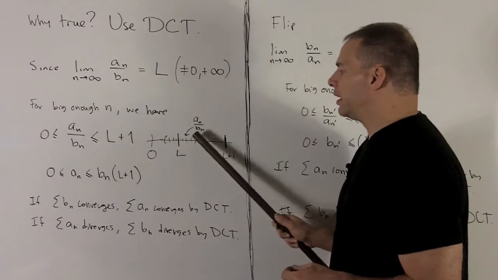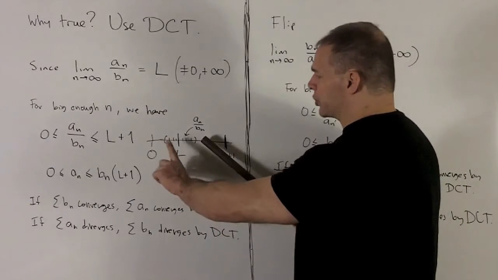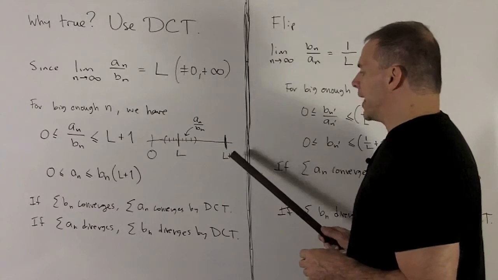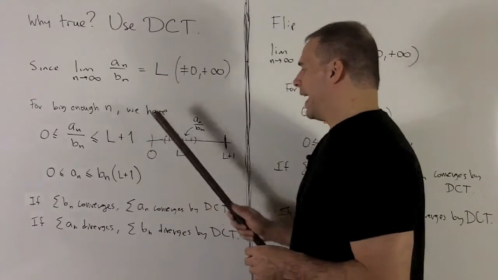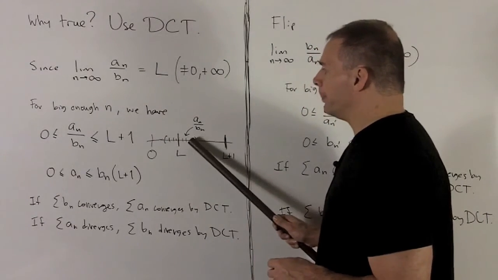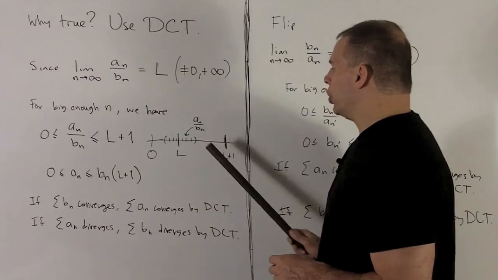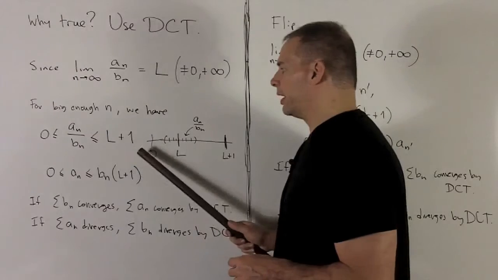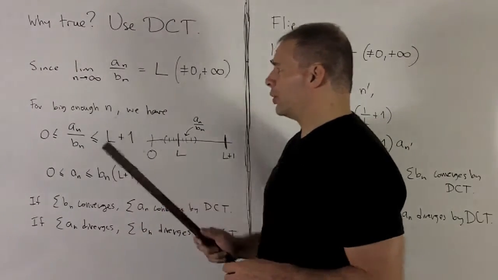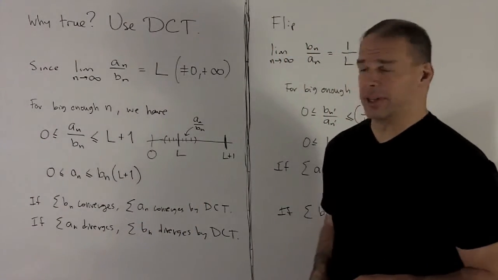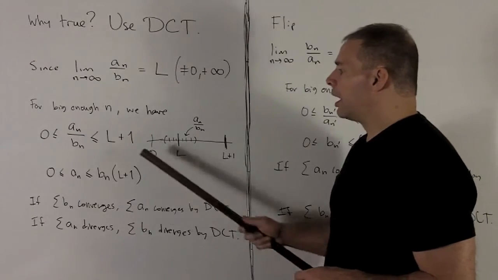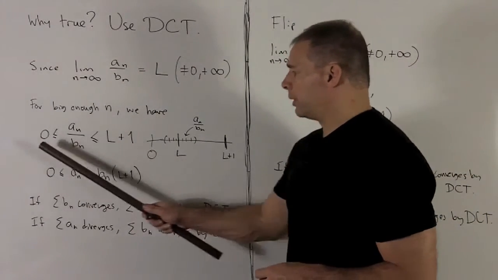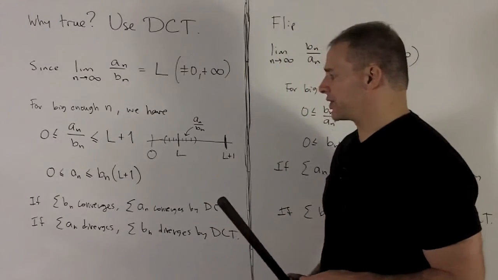Now, if they're all trapped in here, I can just make my interval small enough so that we're far away from L plus 1. So that's just saying when I get big enough n, they're all trapped in this interval. If you're trapped in this interval, you're less than or equal to L plus 1. We have bigger than 0 because we're using an and bn bigger than 0 too. I move the bn to the other side, and then you notice this is the setup for the direct comparison test.